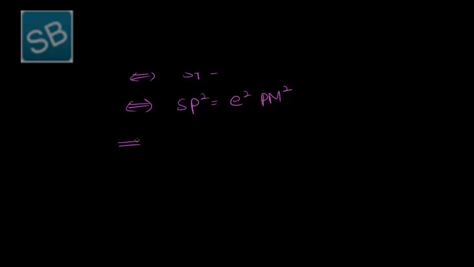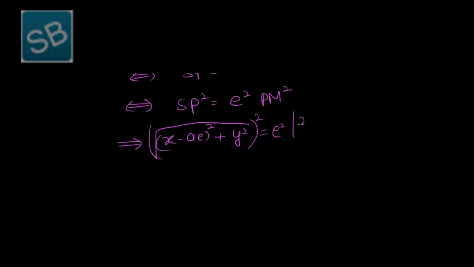So, we get (x minus ae) whole square plus (y minus 0) whole square, that is y square, using distance formula, is equal to e square times PM square. PM distance: the point P lies on the line x is equal to a over e, that is x minus a over e is equal to 0.